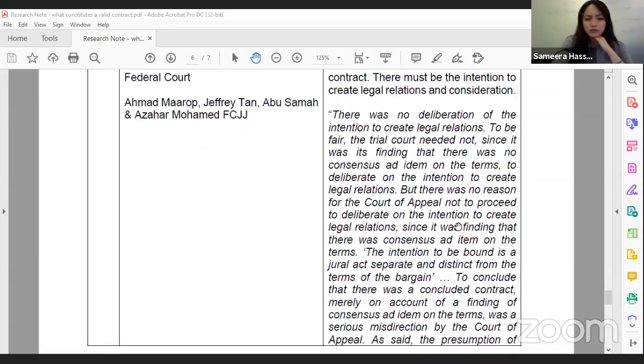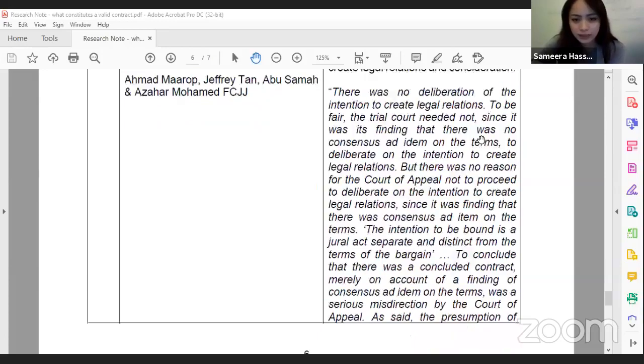Let's just go deeper into the discussion. There was no deliberation of the intention to create legal relations. To be fair, the trial court needed not, since it was its finding that there was no consensus ad idem on terms, to deliberate on the intention to create legal relations. But there was no reason for the Court of Appeal not to proceed to deliberate on the intention to create legal relations, since it was finding that there was consensus ad idem on the terms.